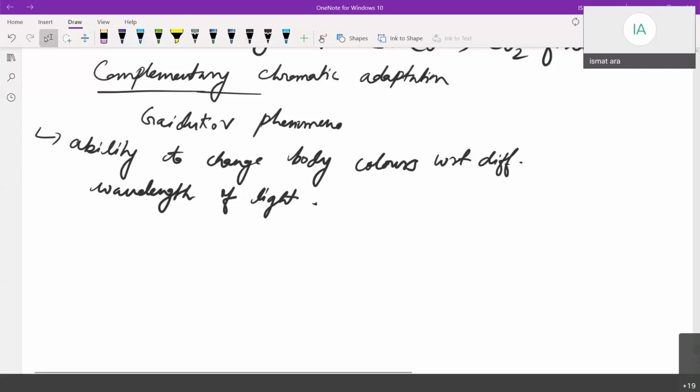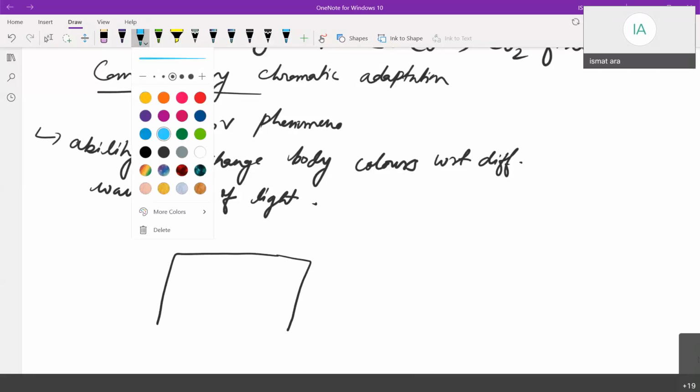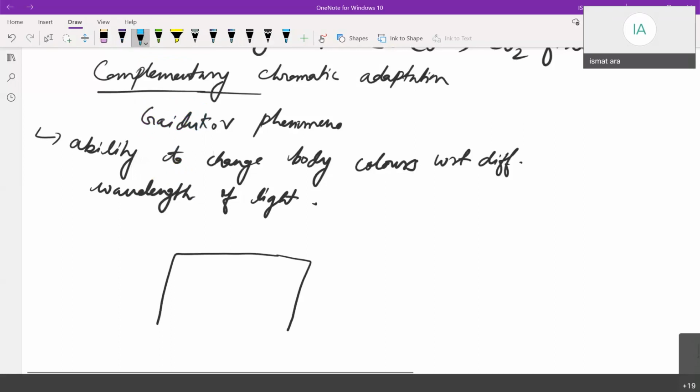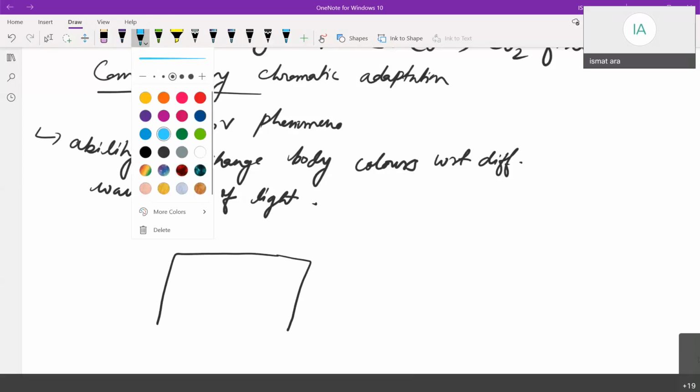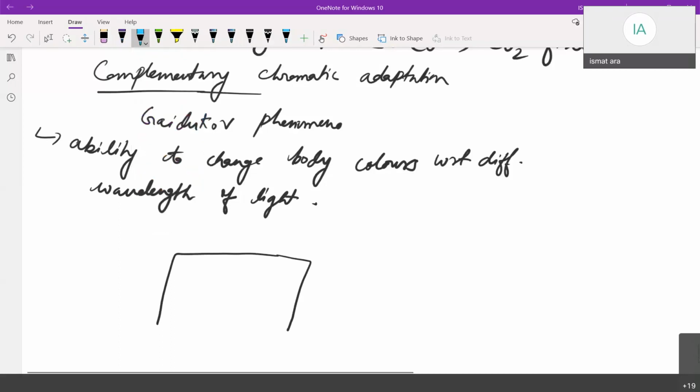See the phenomenon. Suppose this is the ocean. On the surface, cyanobacteria are found. The cyanobacteria present on the surface are blue in color.